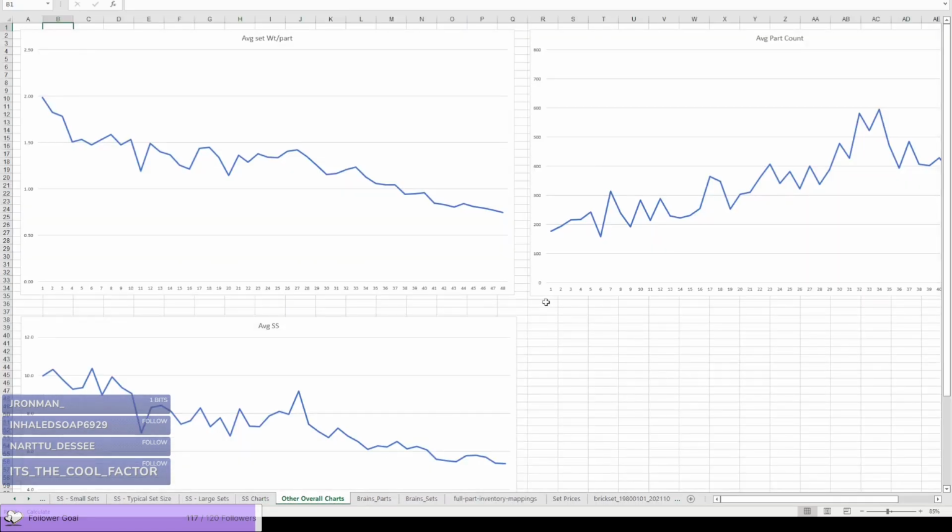Other overall charts I just want to show off really quick to keep things moving here. This is the average set weight per part. So again, any one part in any one set has decreased over 50% in weight. You are getting half the part that you were getting back in 1974.